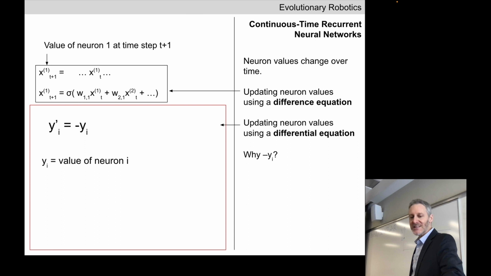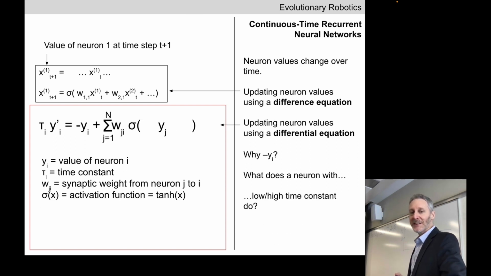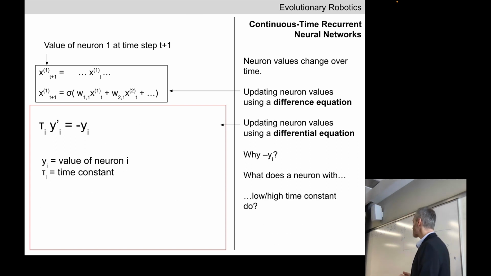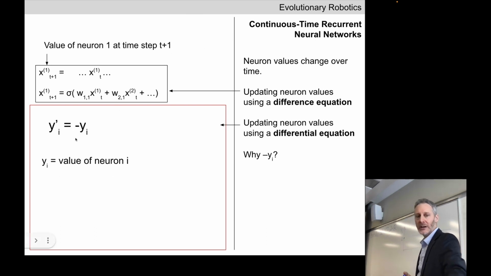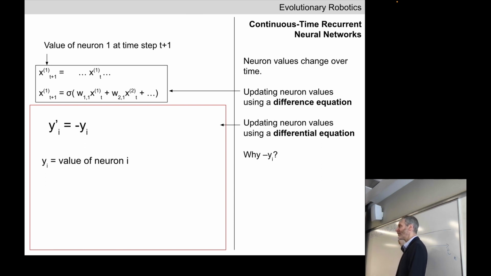It's going to change based on a lot of different things. For the moment, we're not wiring up this neuron to anything else. It's just sitting there by itself. It's got a value of 0. And we're adding just one term to the right of the differential equation, which is that the rate of change of this neuron is equal to the negative of its current value.